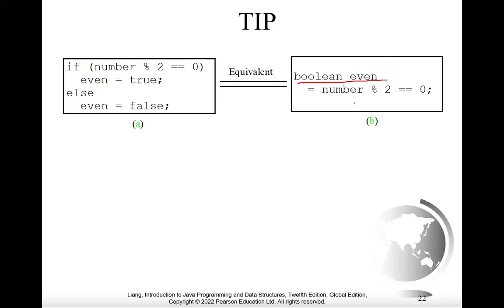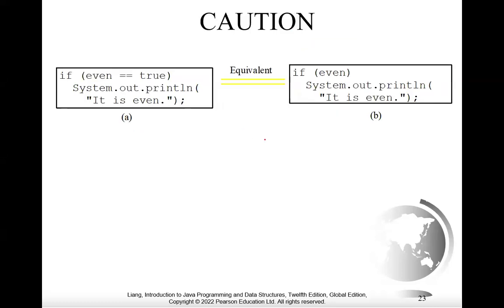So this makes it easy. Whenever we want to put true, then just assign the value of true into the even variable. But if you don't put true, then we know the value is already false. So this line is not needed. Boolean types are automatically initialized to false. Okay.